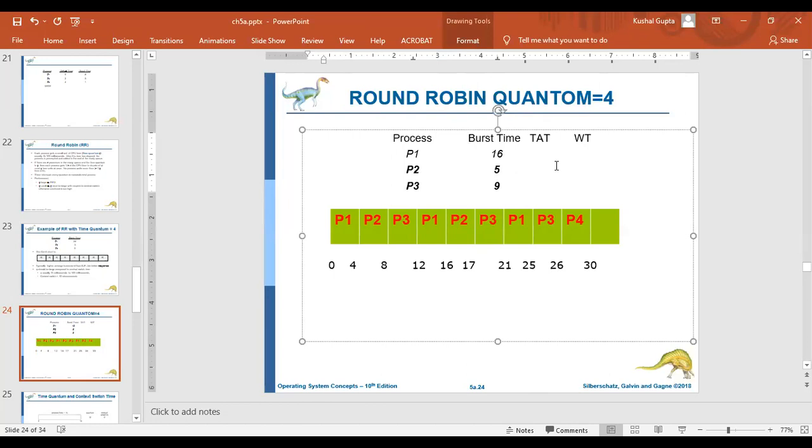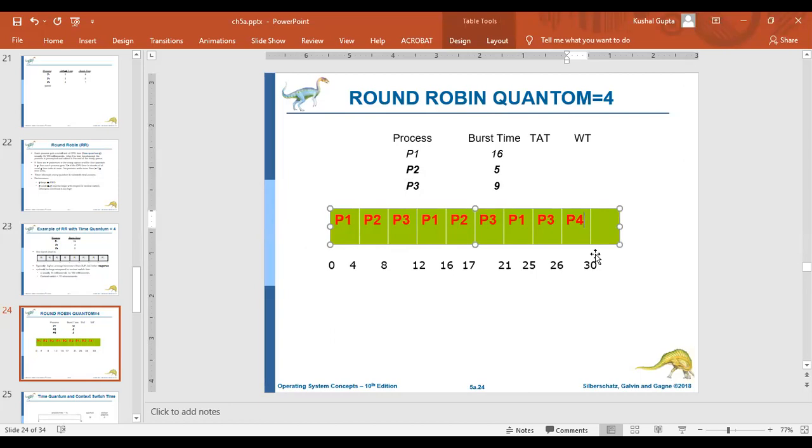Now turnaround time for process P1. All the processes are coming at time 0. When process P1 is completing, turnaround time is finish time minus arrival time. Here I have written P4, that is not P4, that is P1.